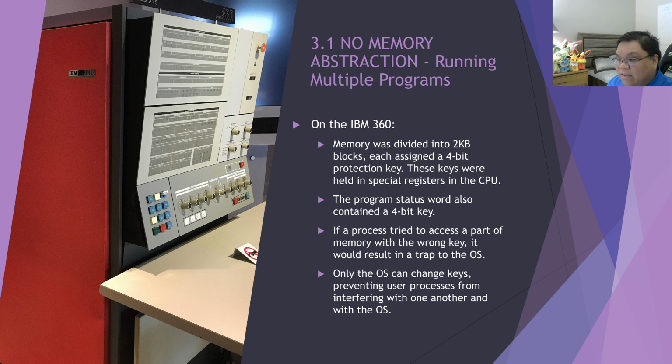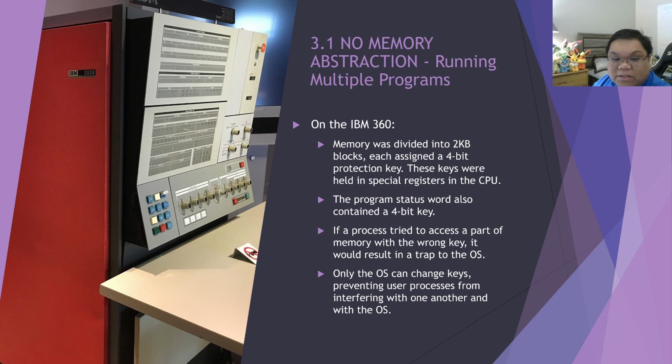If those keys did not match, it will result in a trap to the OS, where we try to do an illegal memory access. This mechanism protected processes from accessing the memory that is allocated to other processes.